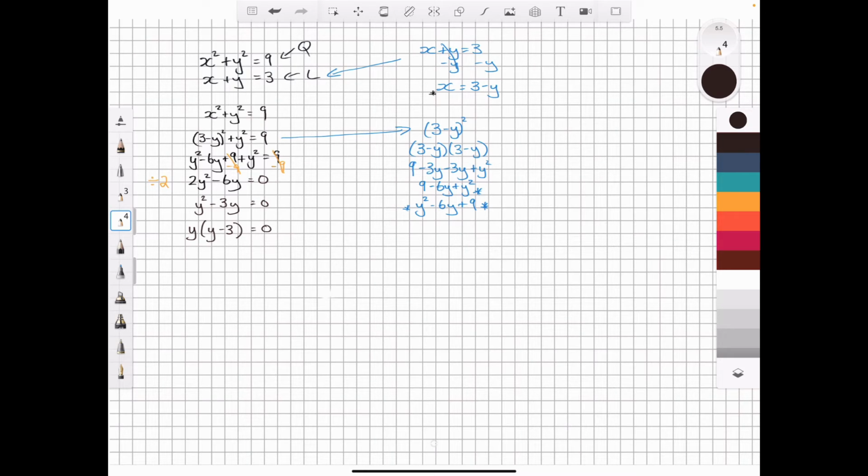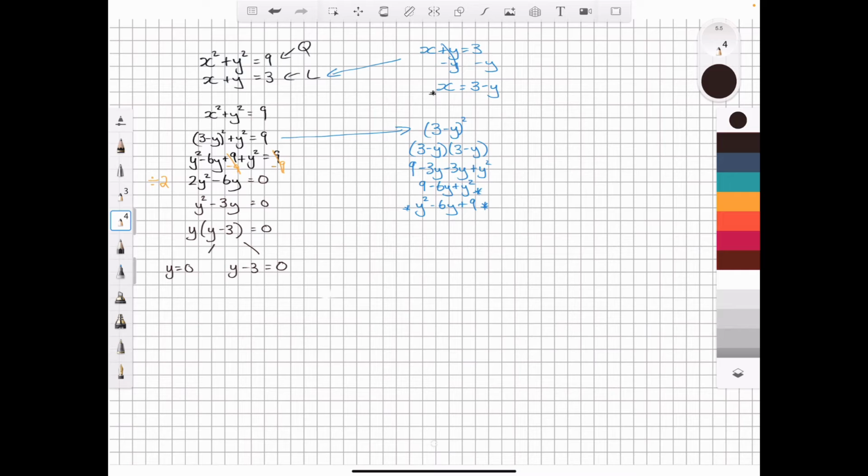Now, how do we find out what y is equal to? What we do here, and this is what's new to you, we let y equal 0, and we let y minus 3 equal 0. Okay? So that's what we do when we end up in a sum like this.